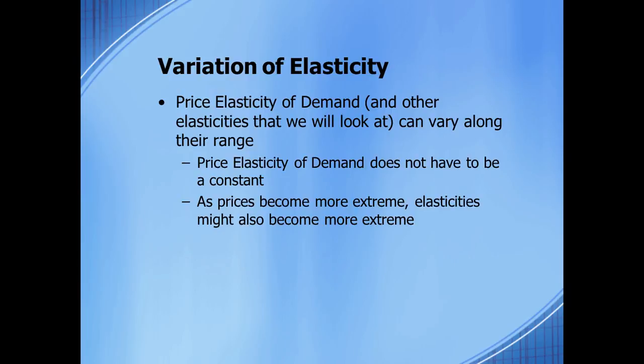If we think about the variation of elasticity, so the price elasticity of demand and other elasticities we're going to look at, they can vary along the range. So the price elasticity of demand does not have to be a constant. It needs to be a relatively straight curve, but it can have extremes. So as prices become more extreme, elasticities might also become more extreme.